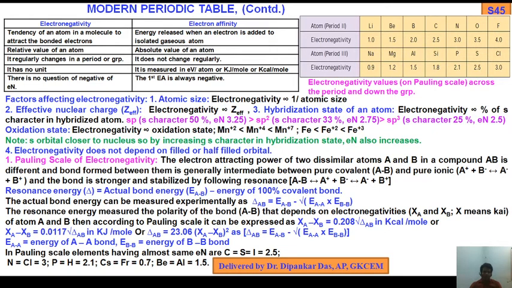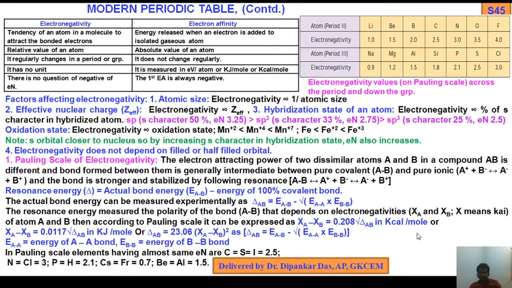So according to the Pauling scale, we can express the electronegativities of A and B as chi_A minus chi_B equals 0.208 square root of delta_AB in kilocalorie per mole, or chi_A minus chi_B equals 0.0117 square root of delta_AB in kilojoule per mole.